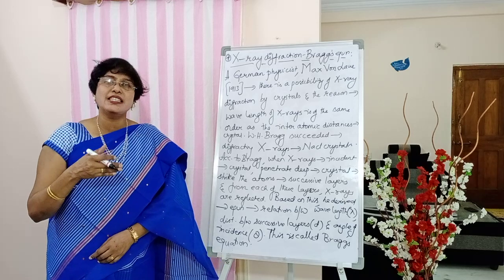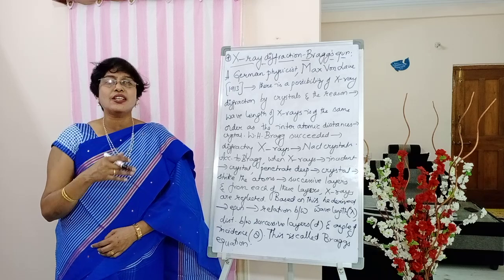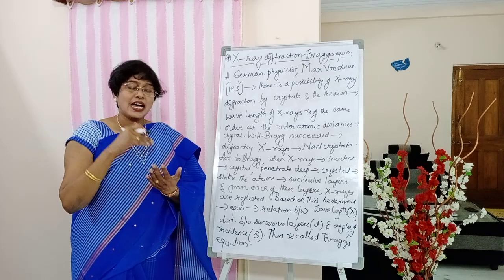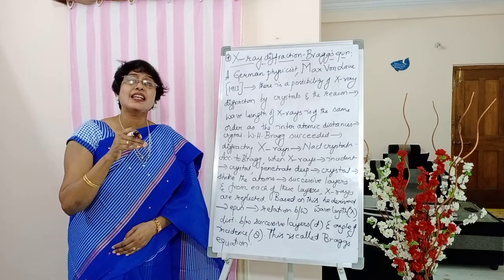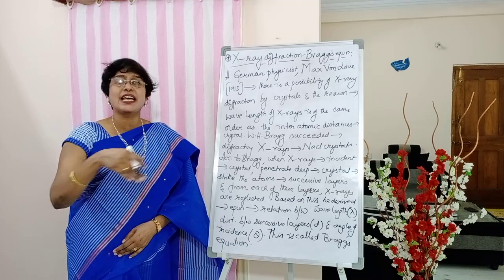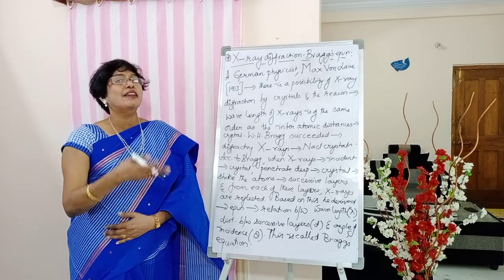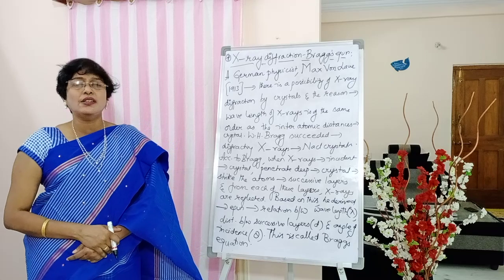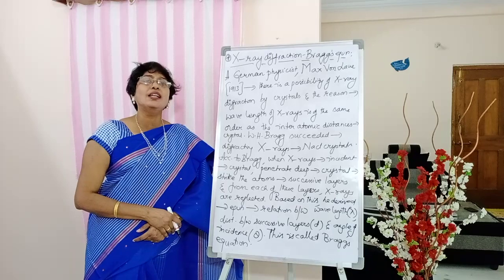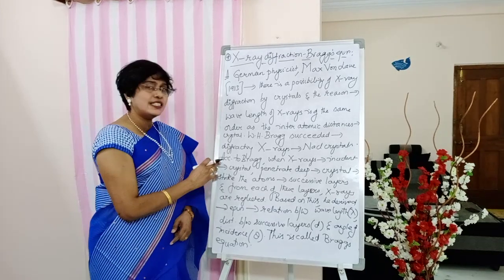When X-rays are incident on a crystal, they penetrate deep into the crystal and strike the atoms, which are arranged in successive layers, and from each layer they are reflected back. This is what he observed when X-rays were incident on the NaCl crystal.